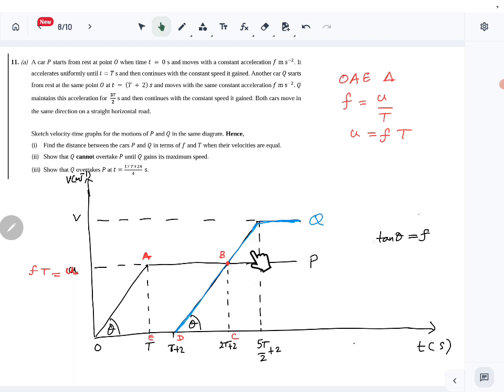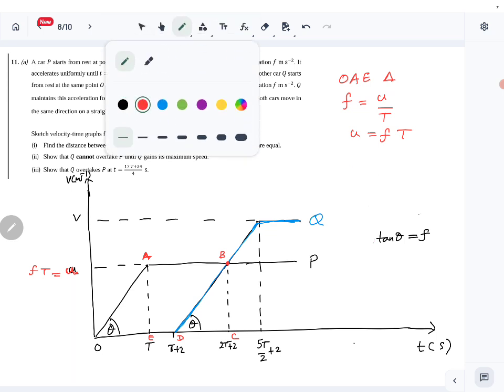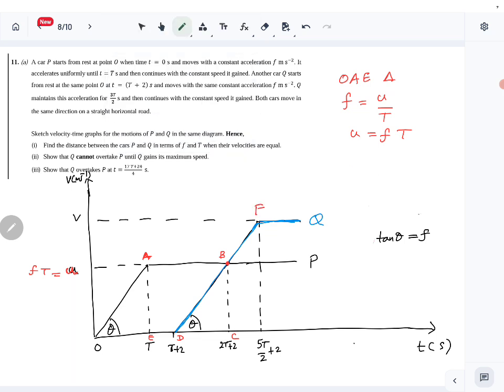So let's look at this O, A, B, C, D, E, F, H. You can look at the DFH triangle and find V, the maximum speed of Q. So the gradient f is equal to V over 3T over 2.